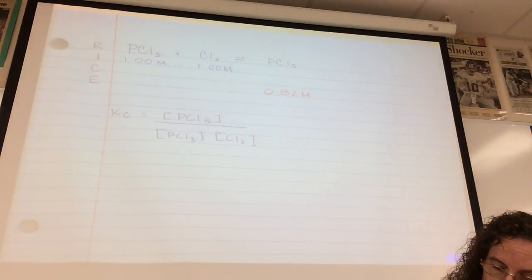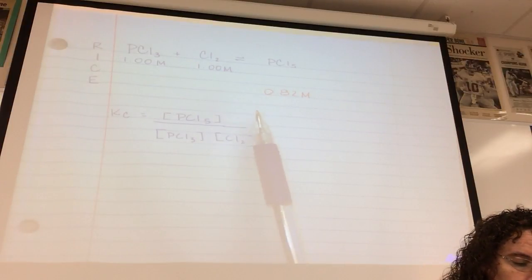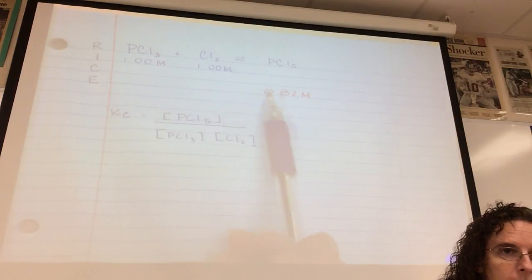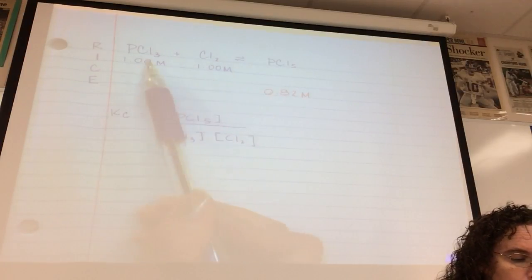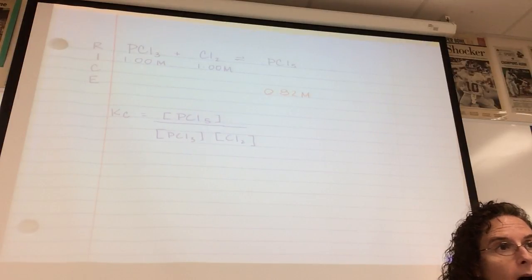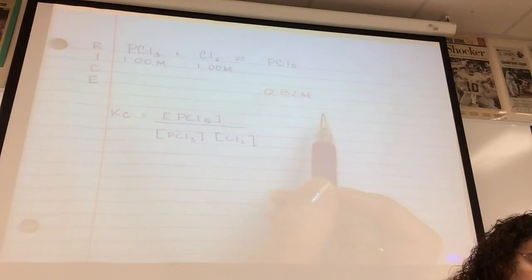The concentrations that go here are equilibrium concentrations. Q's come from initial amounts or non-standard equilibrium conditions, or non-equilibrium conditions, I guess is stated more clearly.